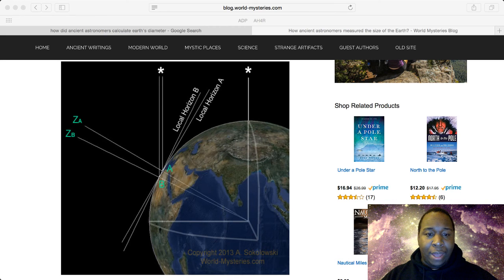So remember, this is the picture that we're getting here: 2 locations on Earth that share the same longitude. One key thing is that you must know the physical distance between the 2 locations, and they must share the same longitude. The overall objective is to calculate the diameter of the Earth.